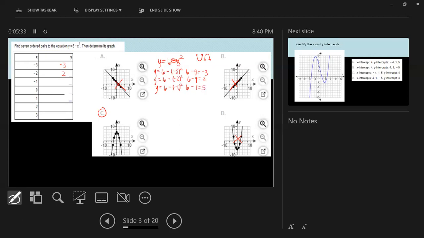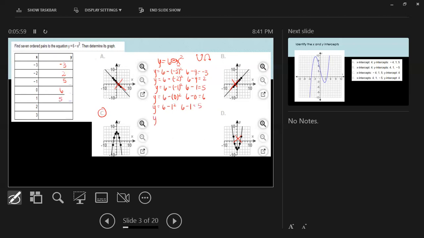So 6 subtract 1 is 5. So we have y is equal to 6 subtract 0 squared. That will be 6 subtract 0, which is 6. And then we have y is equal to 6 subtract +1 squared. So that would be 6 subtract 1, which is equal to 5.